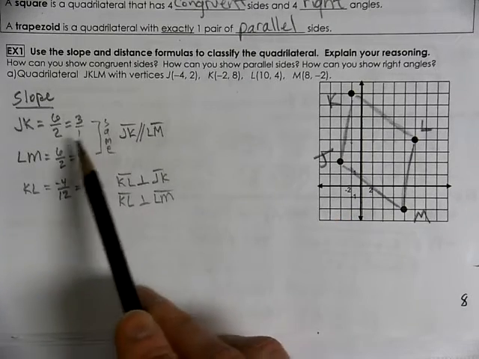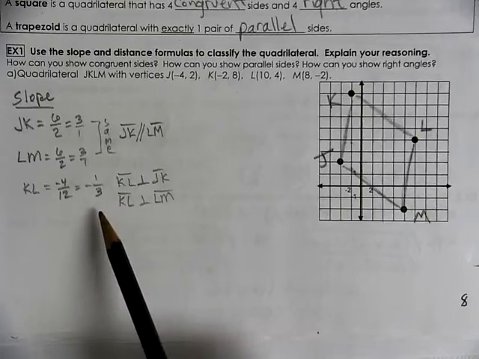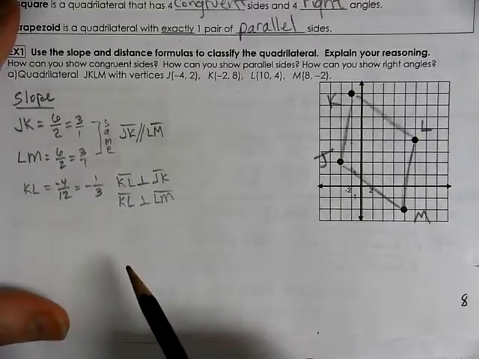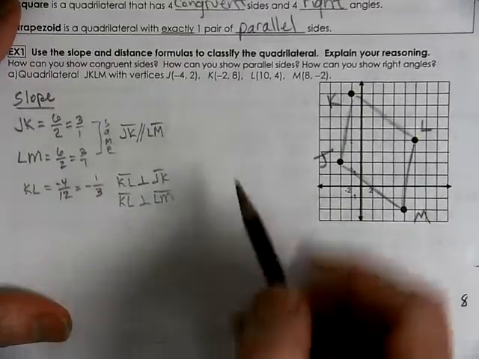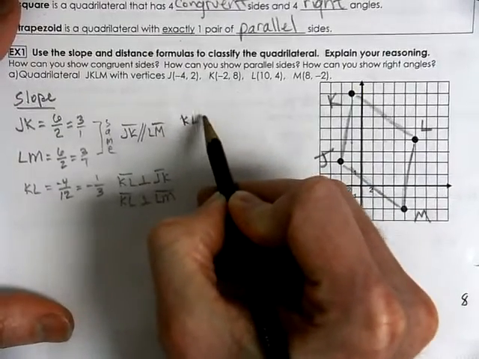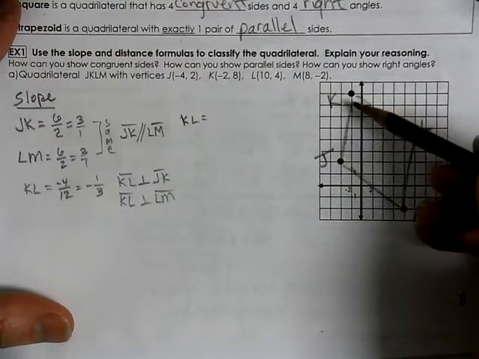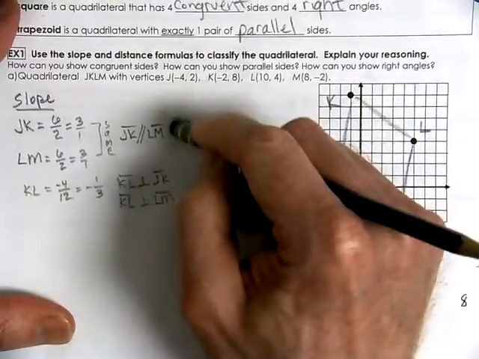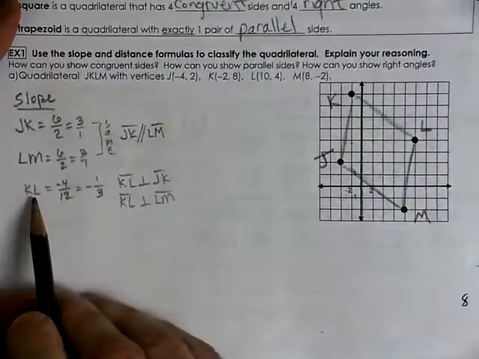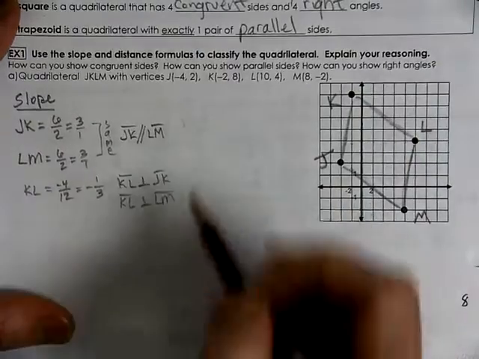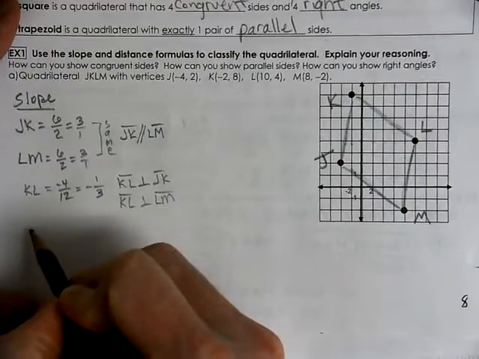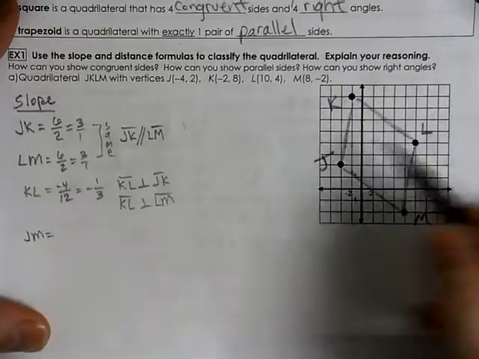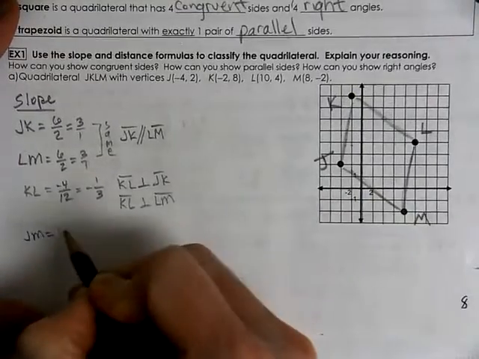So we know that we have parallel sides. We could do the other set of sides if we want. We could do KL. KL is, we've done that, sorry. We did KL. We need to do JM. JM is down 4 over 12.